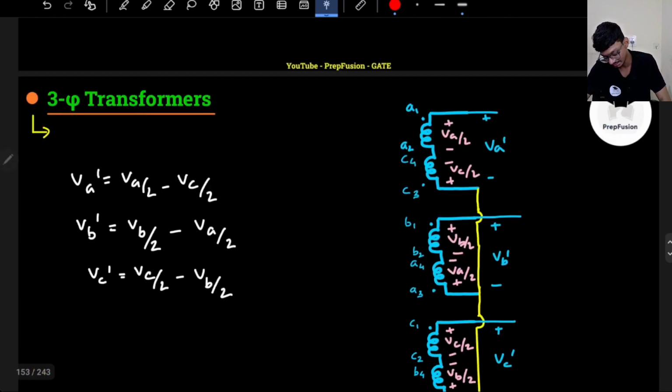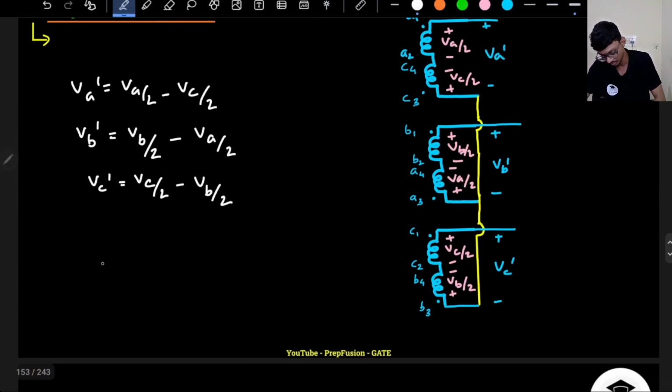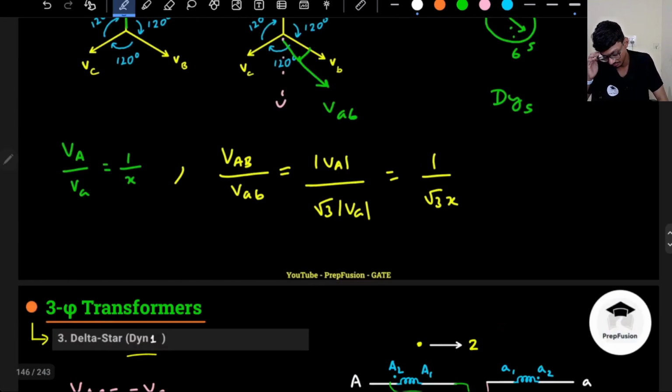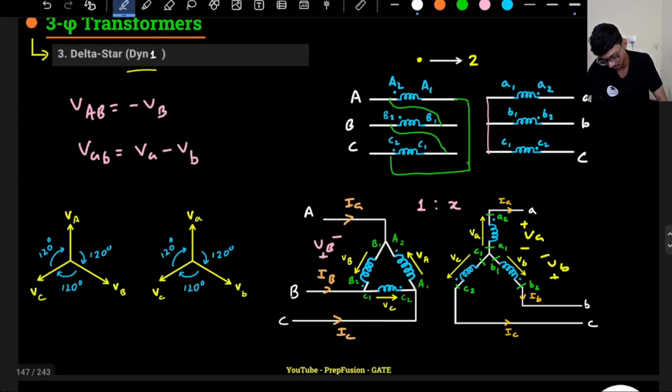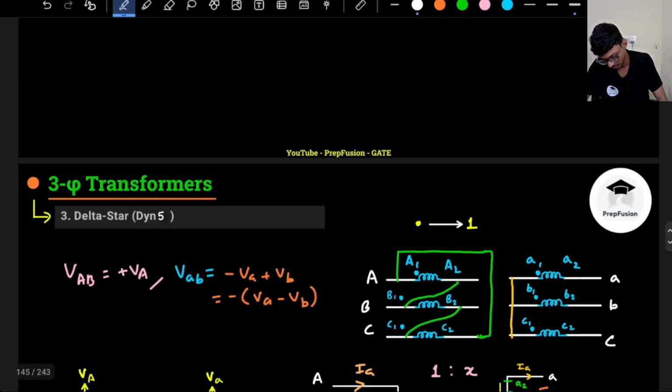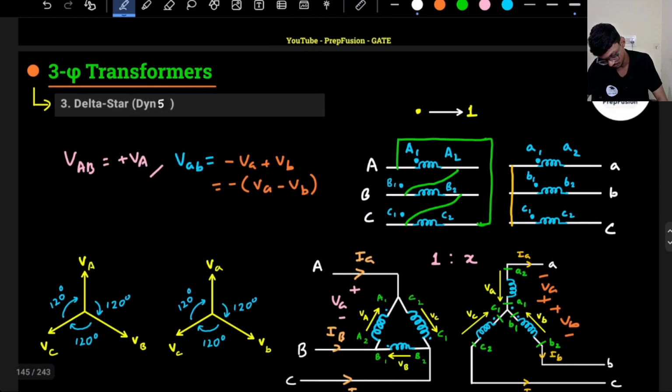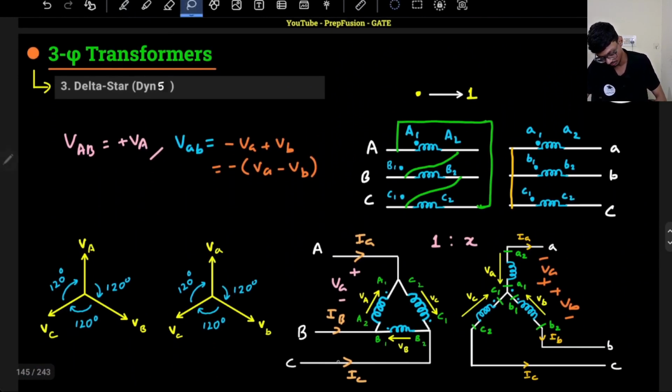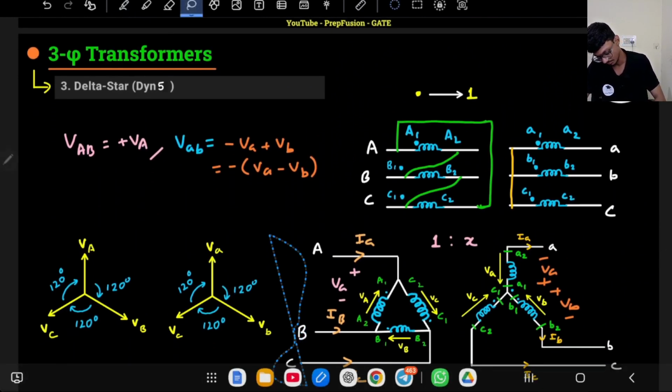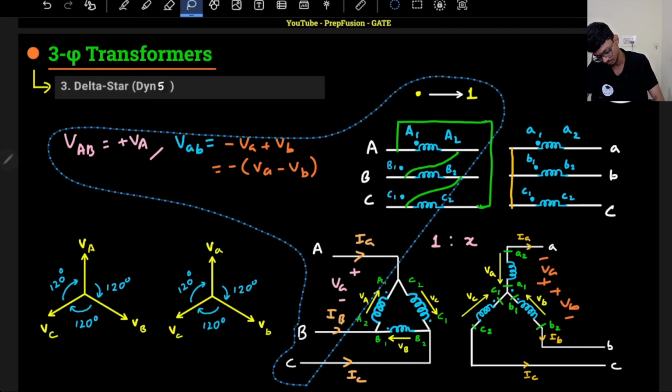So if it is delta connected, what will be my VAB? Just normal VAB. Normal VAB will be V only. The assumption is I'm using the first kind of circuit, where it was in the delta connection. Yeah, this kind of connection we can do. This will work.